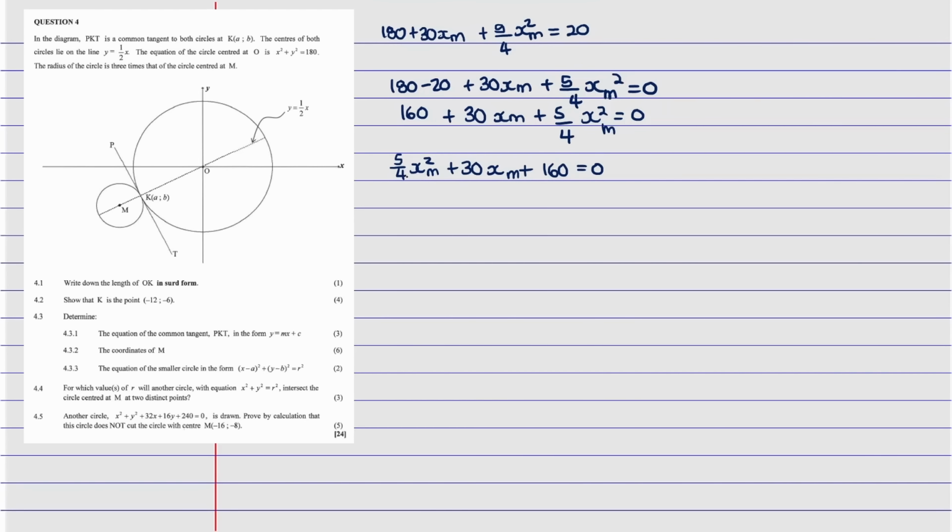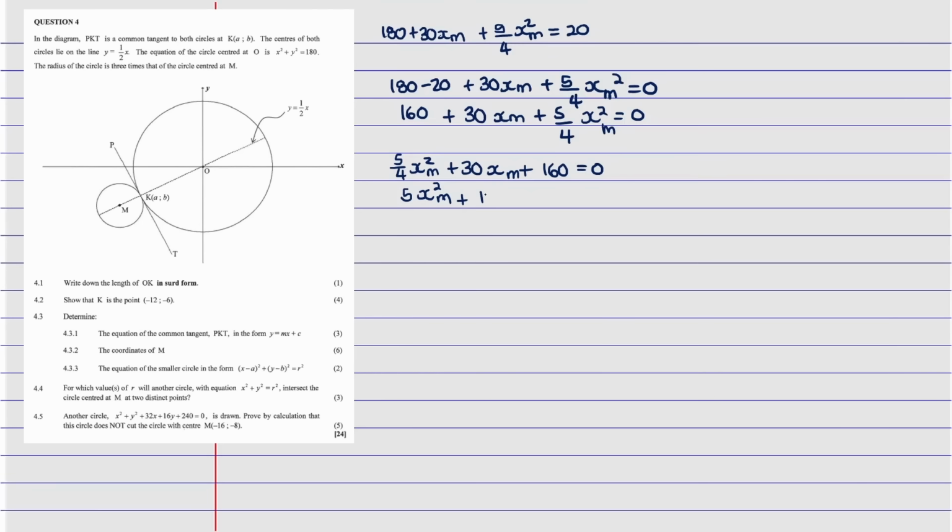Then what we're going to do now, I'm going to basically get rid of this 4. So I'm going to multiply throughout. So this is going to be 5 xm squared, plus 30 multiplied by 4, which gives you 120.